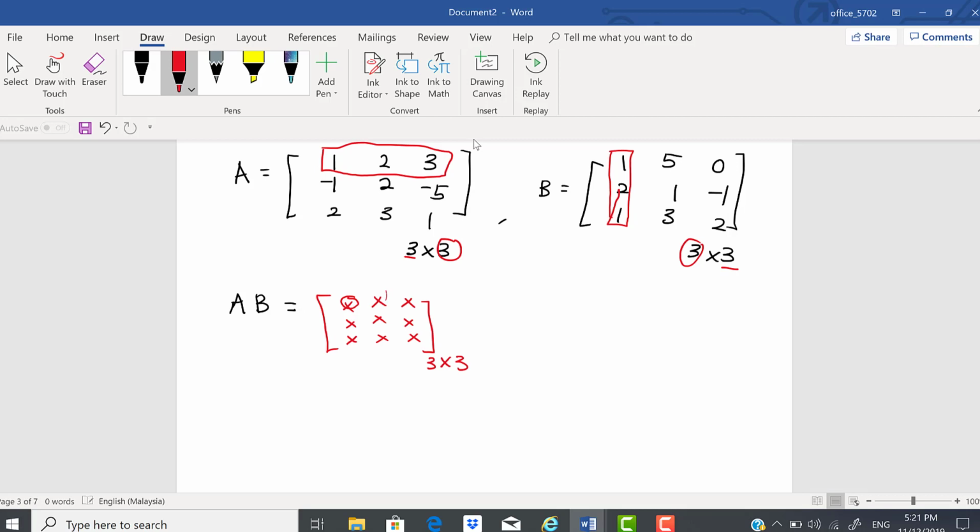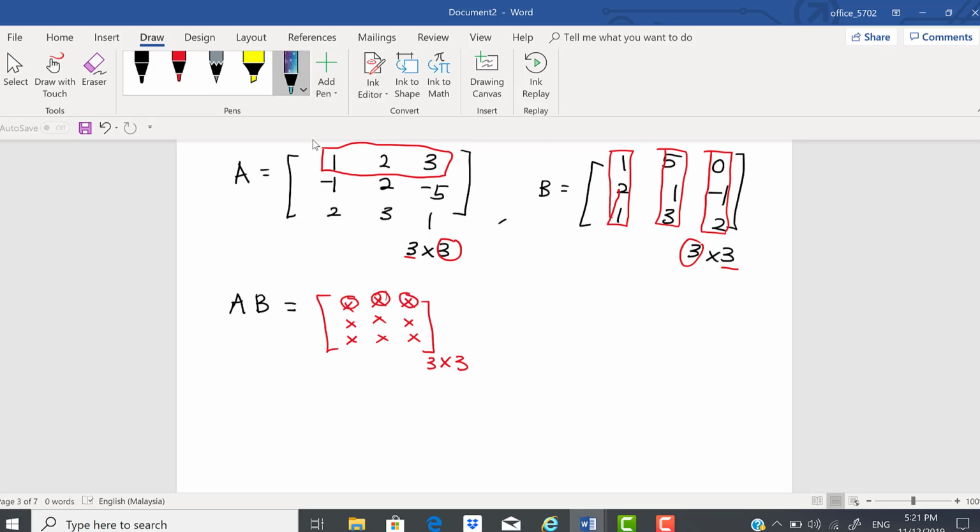Then for the next value, this row times the second column, and you get the value here. And for the third element, 1, 2, 3 again times 0, negative 1 and 2. Then you get this value.